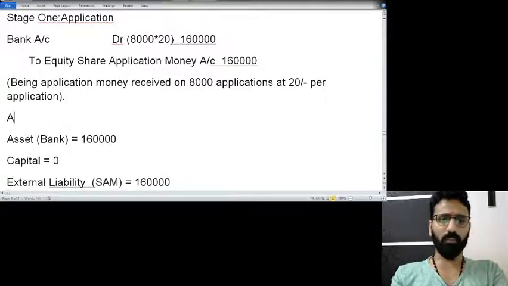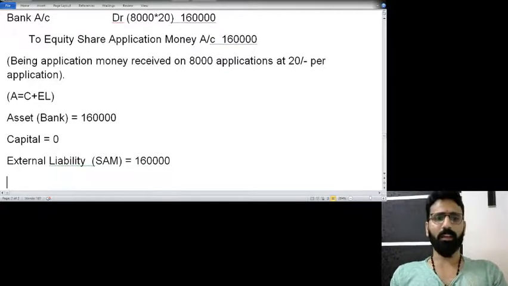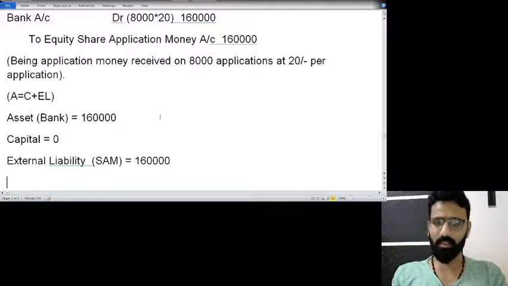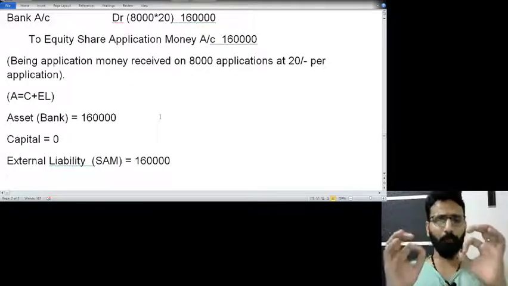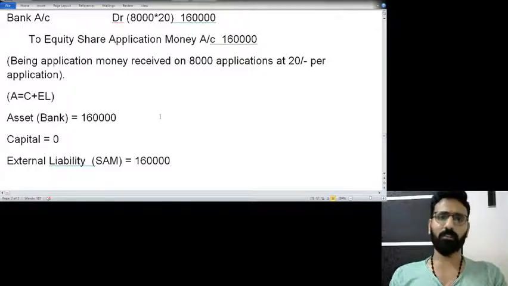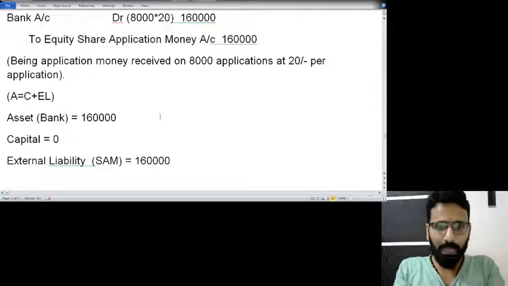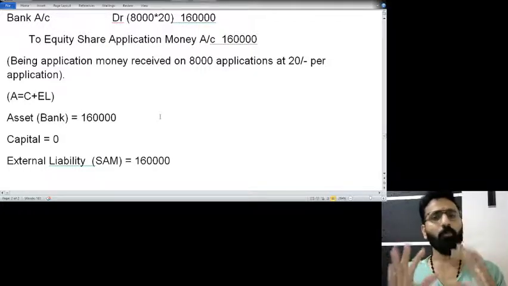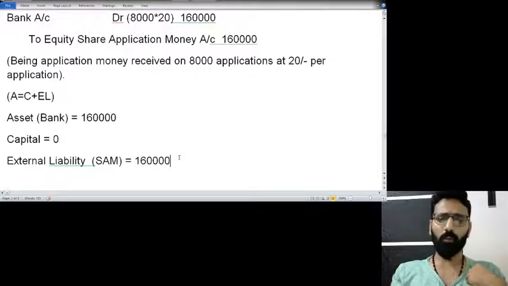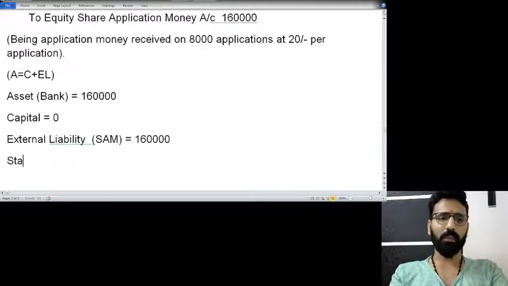The equation is assets equals capital plus external liabilities, and this equation is satisfied. Right, my assets 160 equals my external liabilities 160, and my accounting equation is perfectly satisfied after the first entry I passed for my equity share application money. Hope guys understood. Now we'll go to the second stage immediately. Stage 2 is what? Allotment.